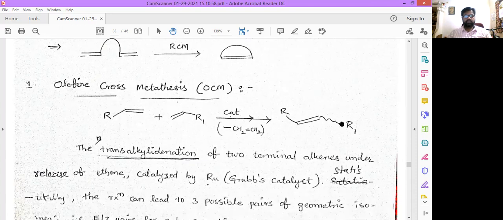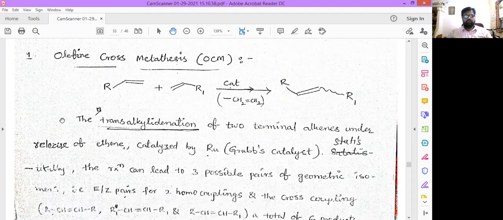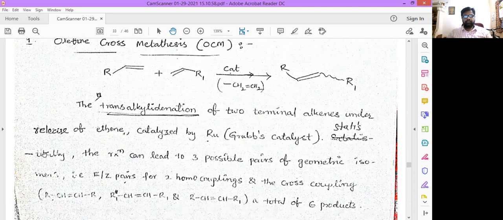So olefin cross coupling, here this is the example. The ruthenium catalyst is used, right? The trans-alkylation of two terminal alkenes under release of ethene, catalyzed by the ruthenium catalyst, that is Grubbs catalyst, right?